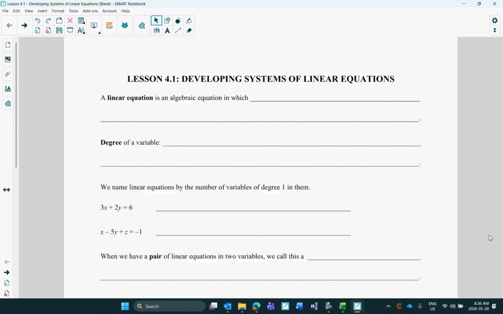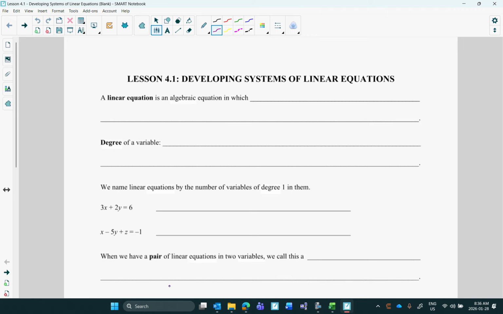This is a different type of problem solving that we can use algebra for, where we actually use two equations instead of one. But just some terminology to start with. A linear equation is something that you guys have been solving for a long time now.